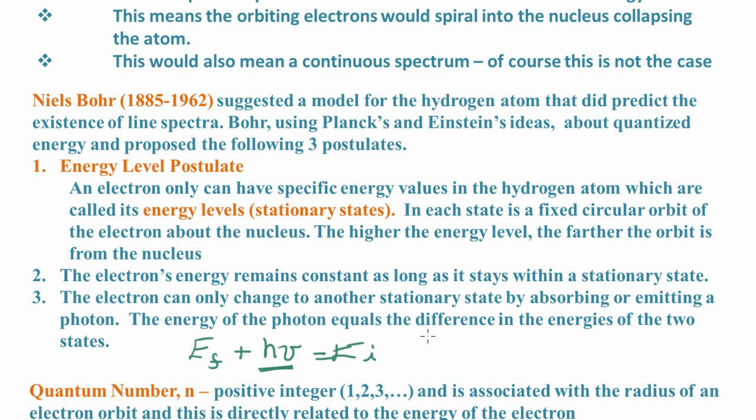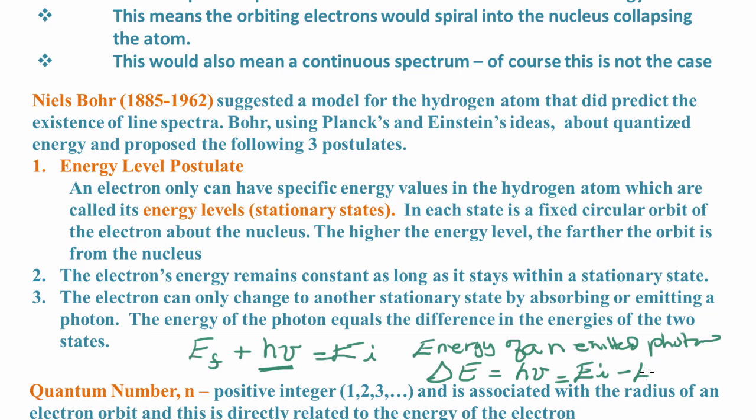So what we can say is that the energy of, let's say, an emitted photon, we'll call that delta E, and that's going to be equal to h nu, which is initial minus final energy.